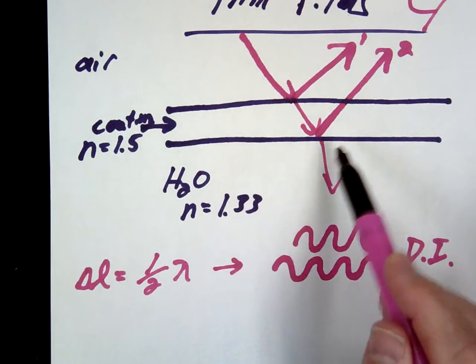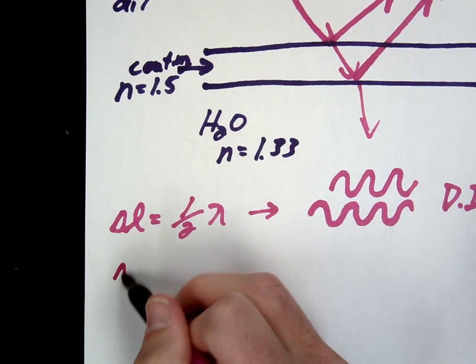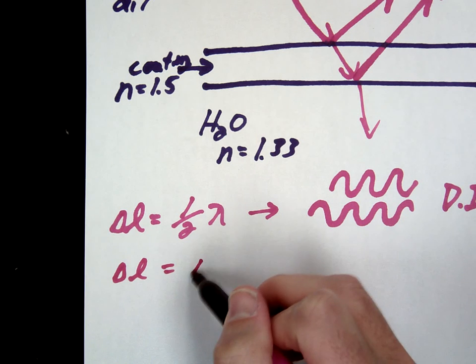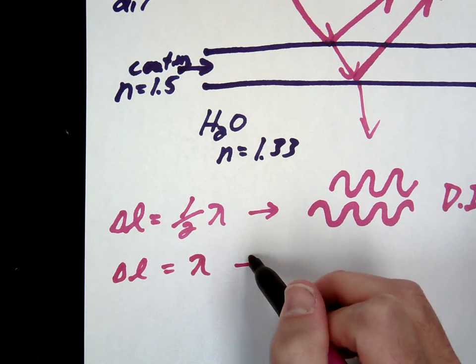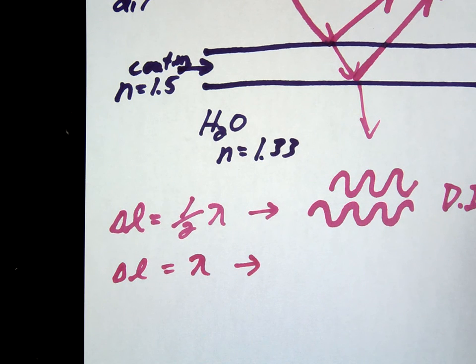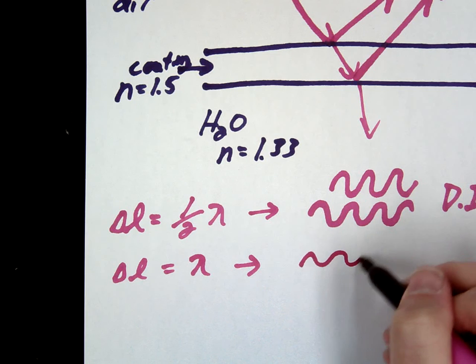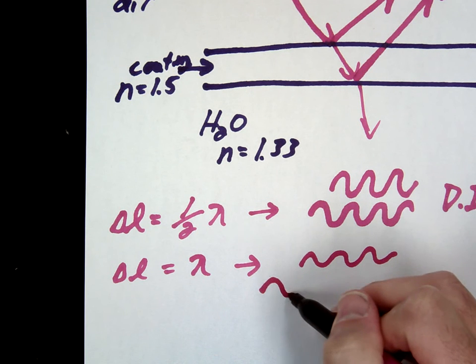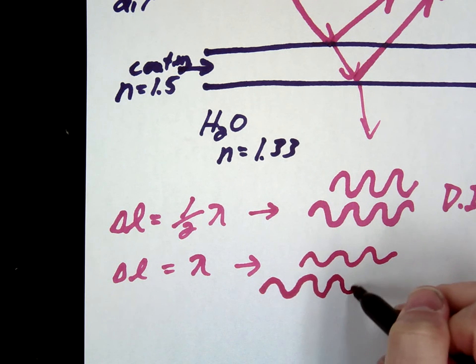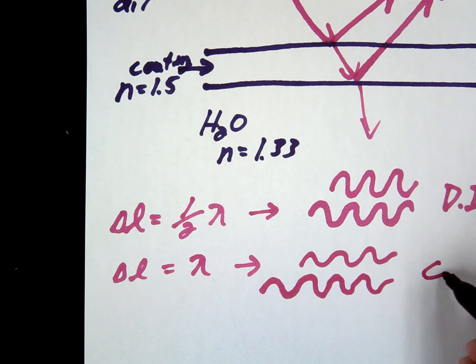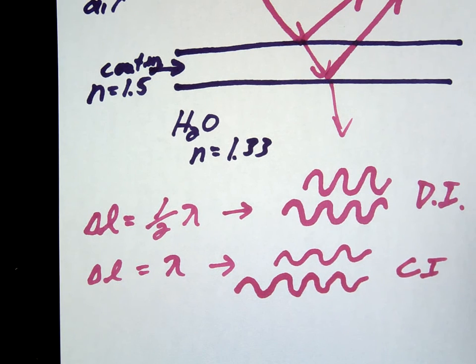Now, what if this laser instead had a path length difference of 1 wavelength? Then this would now produce constructive interference, right? You'd have a wave, and this one would go 1 wavelength farther. When they came back together, this would be constructive interference.